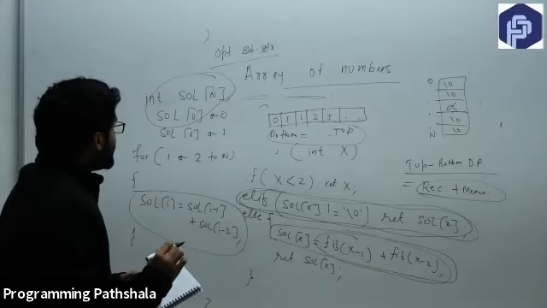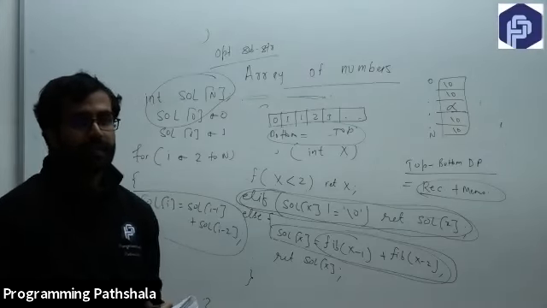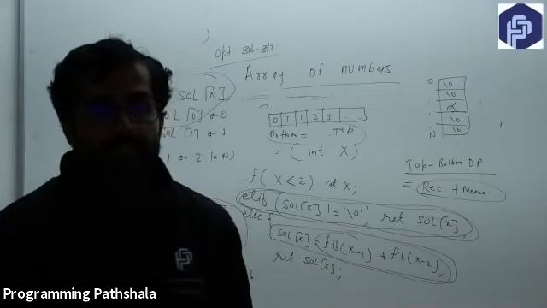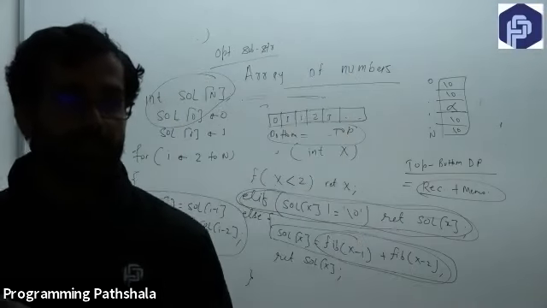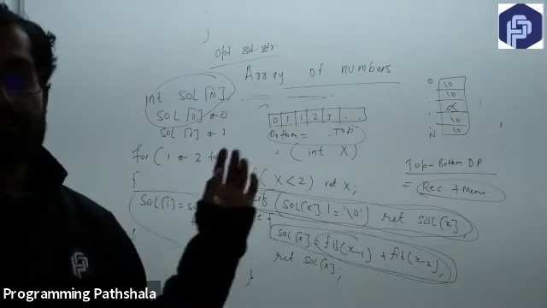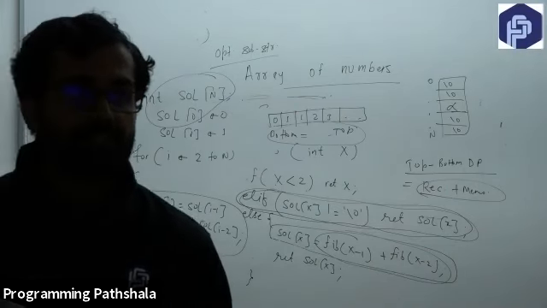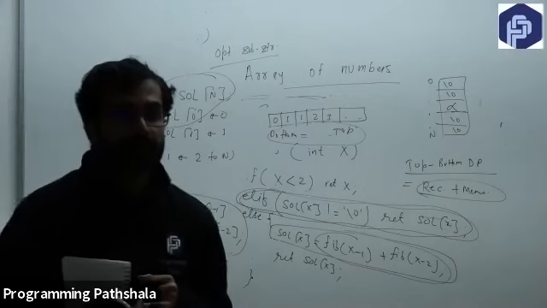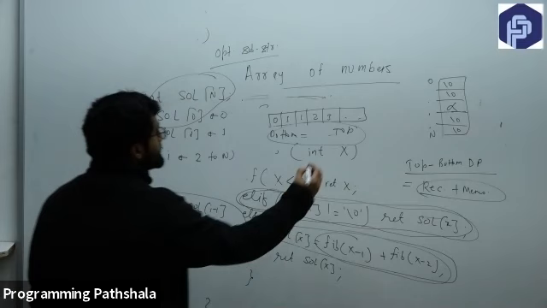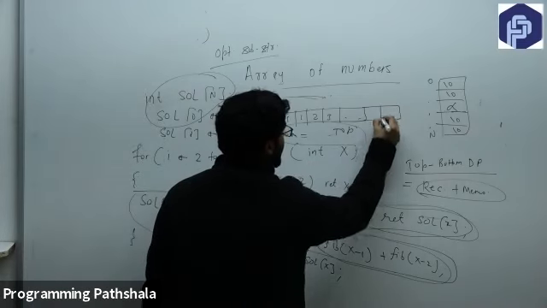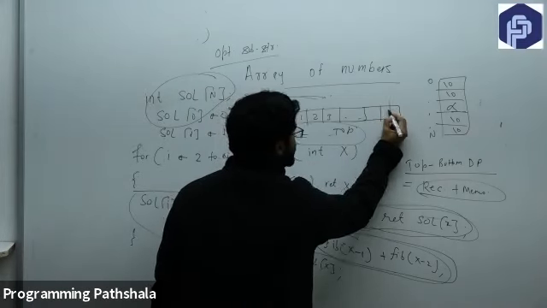If you look at it a bit wisely, you will understand that you don't actually need this much space while solving this question in bottom top manner. How many of you can solve this question using constant extra space? The answer is you can, because let's say I am trying to find the value of this.